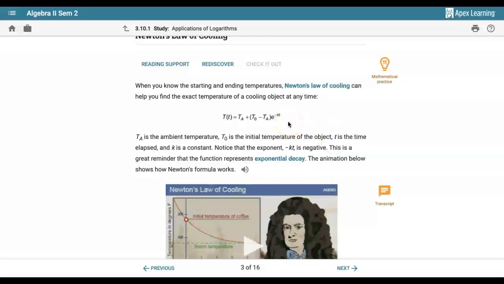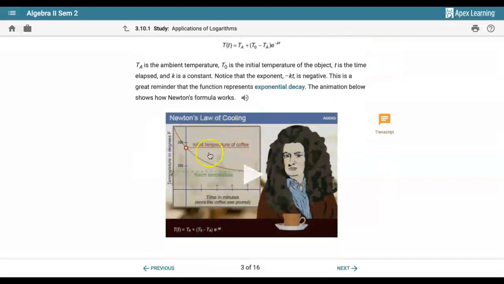So if you look at this here, we've got T equals TA plus (T0 minus TA) multiplied by e to the power of negative KT, where TA is our ambient temperature or room temperature, T0 is the initial temperature, lowercase t is time, and K is a constant. It's good to notice that it's negative KT, and this is a great reminder that this represents our exponential decay.